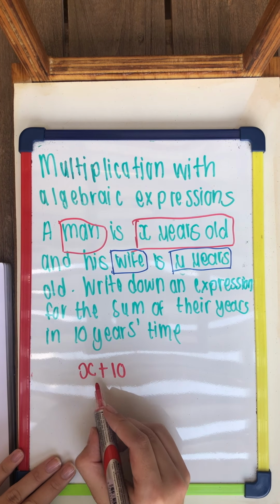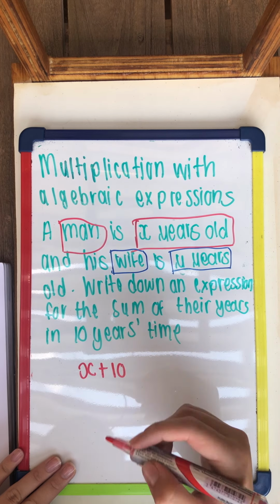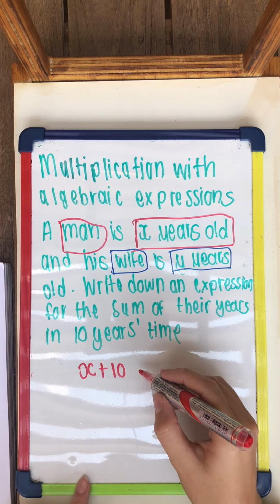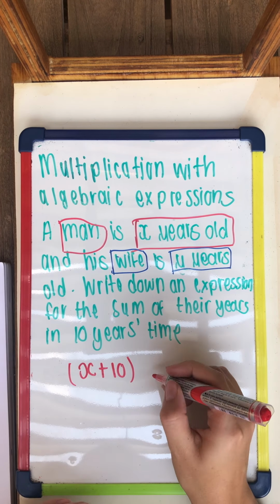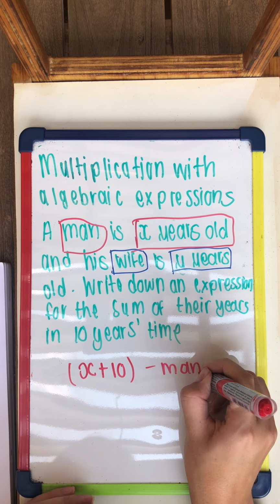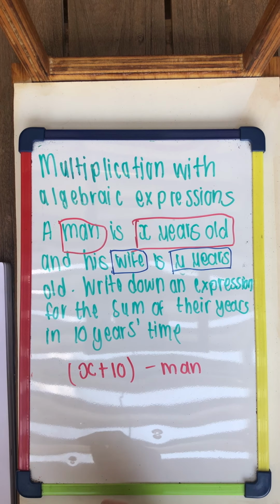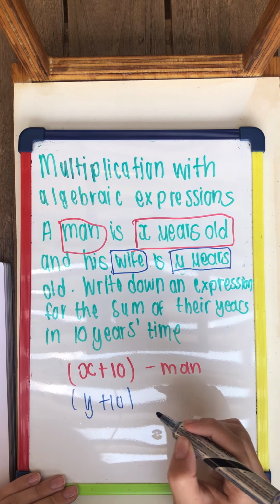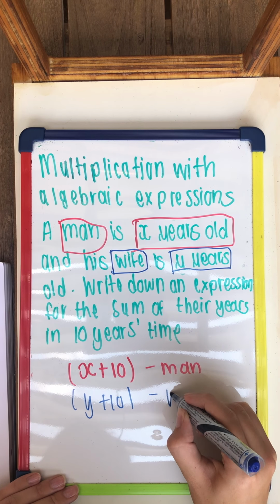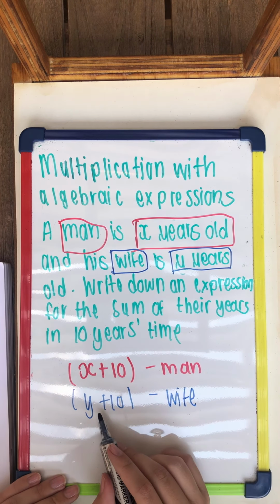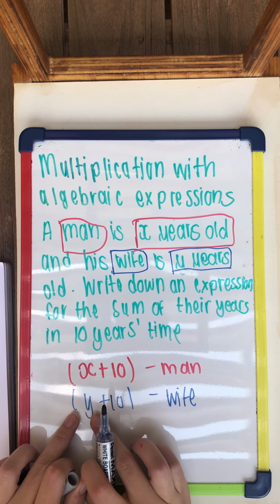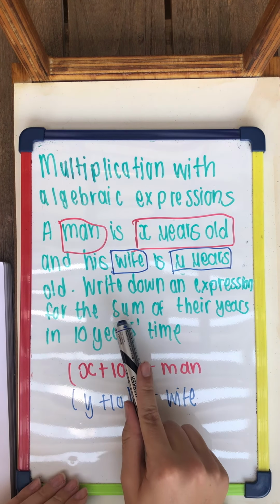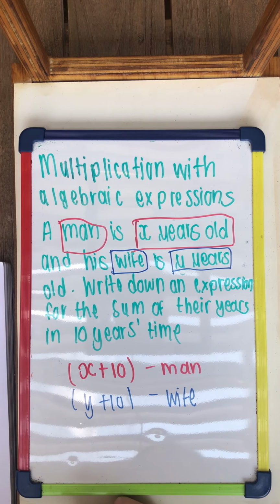Okay, so I took his age and I added 10 to get what he will be in 10 years time. For the wife, so that's for the man. For the wife, it will be Y plus 10. Am I right? Okay, so in 10 years time, this is how old she's going to be, because we take her current age and we add 10.